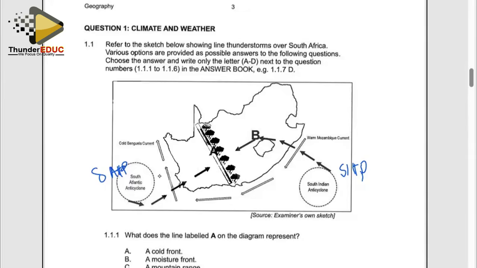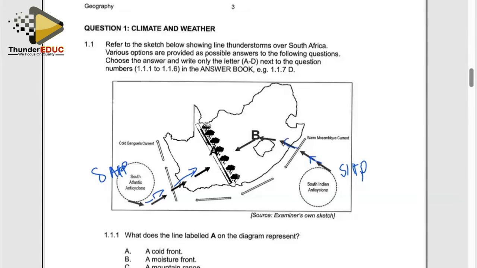Remember, our circulation is anti-clockwise when air is circulating out of the high pressure cell. So we tend to have air being driven out of the South Atlantic high and being fed into the interior, like what is indicated by these arrows. And again, we have another anti-clockwise circulation from the South Indian high pressure, which is feeding air into the interior here.